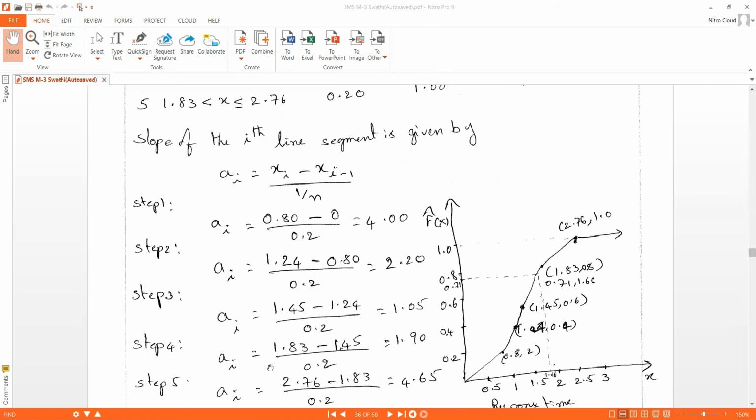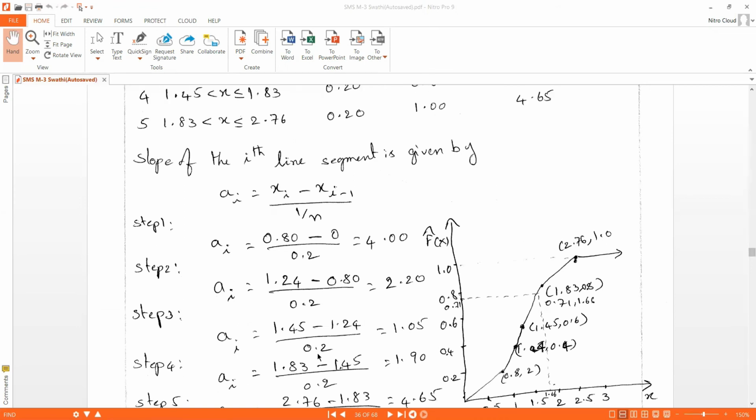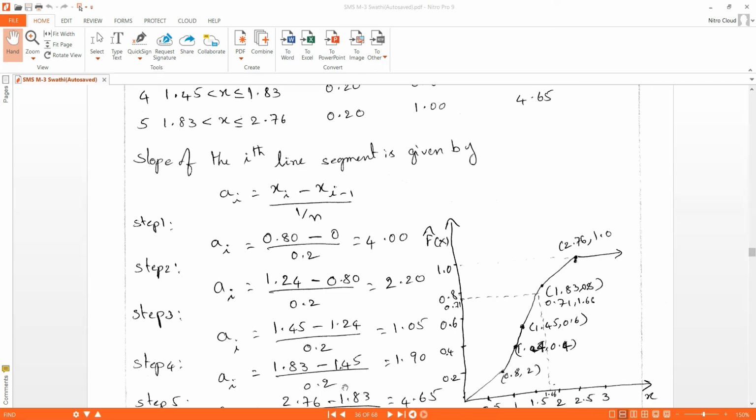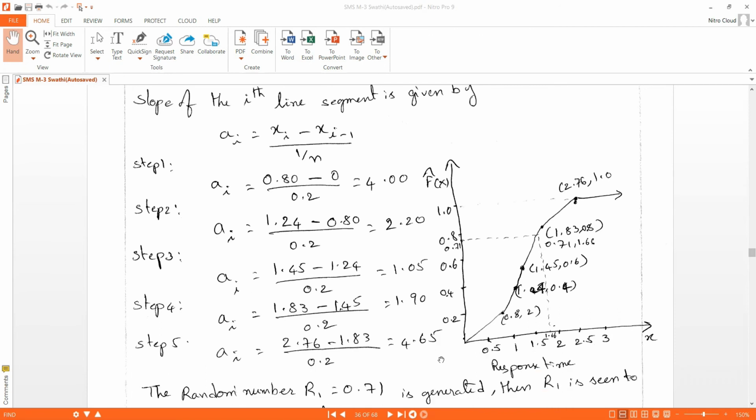Next, when i equals 4, x_i is 1.83 minus x_{i-1} which is 1.45, divided by 1 by n, which is 0.2. We will get the a_i value 1.90.